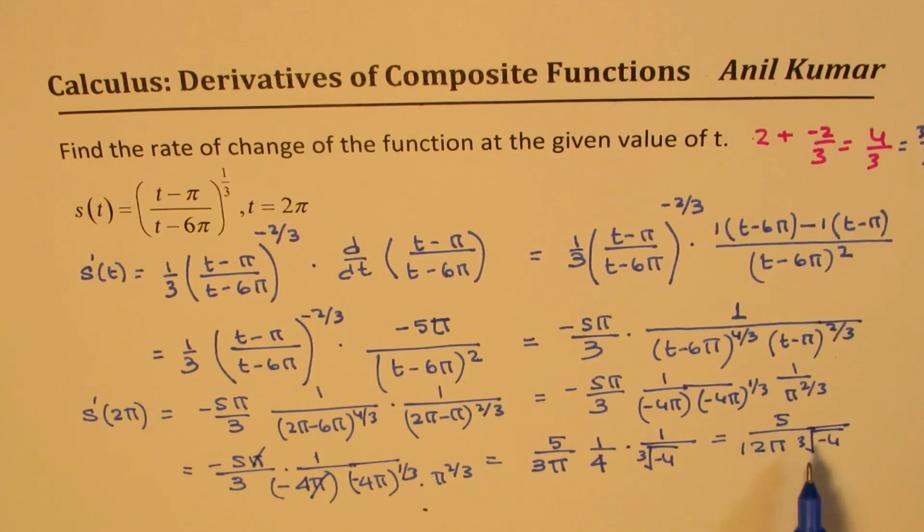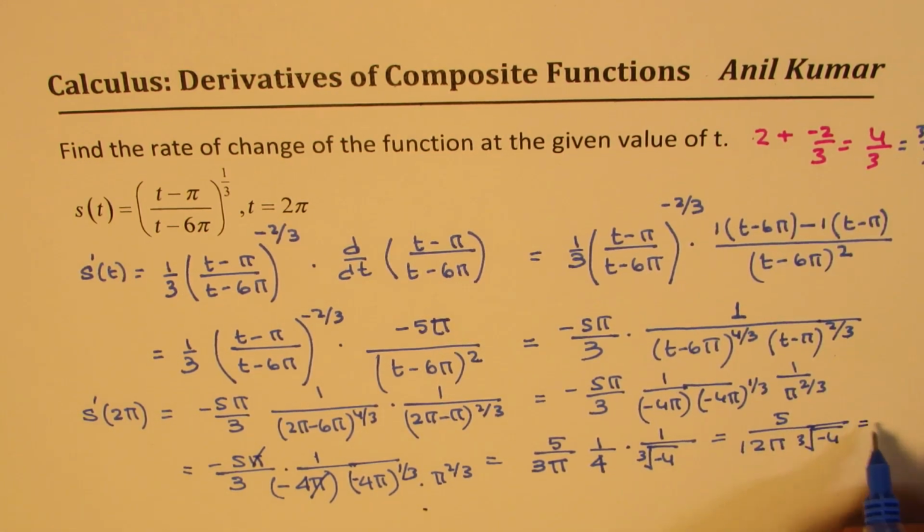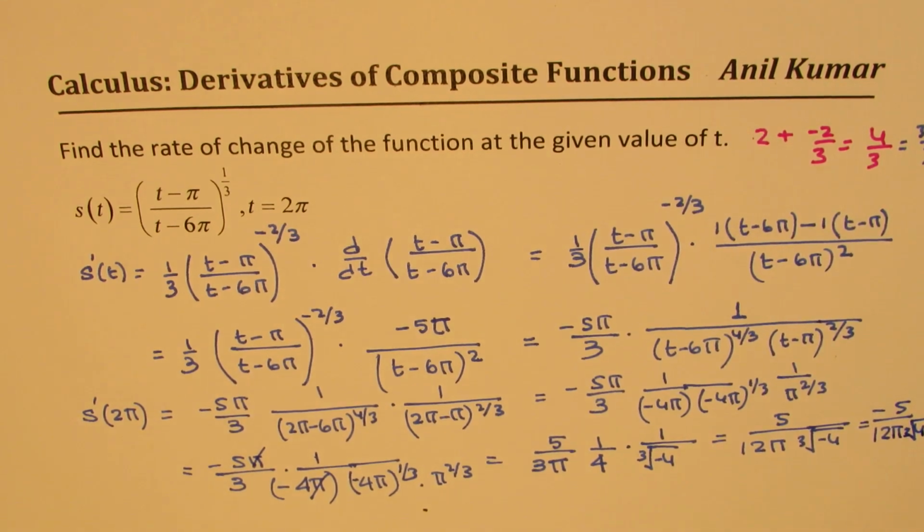So you could write this as negative of 5 over 12 pi cube root of 4. Correct? So that could be written as cube root of 4. Now the cube root of 8 is 2, right? So 8 cube root is 2.